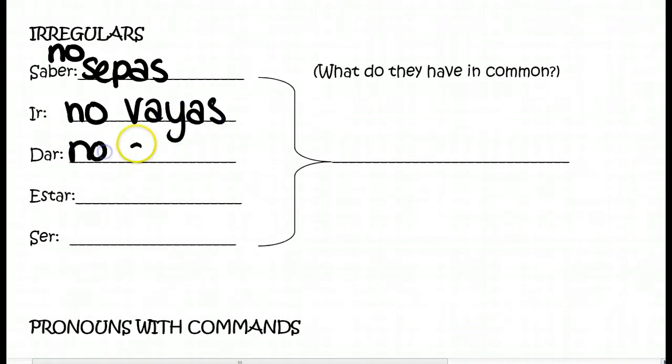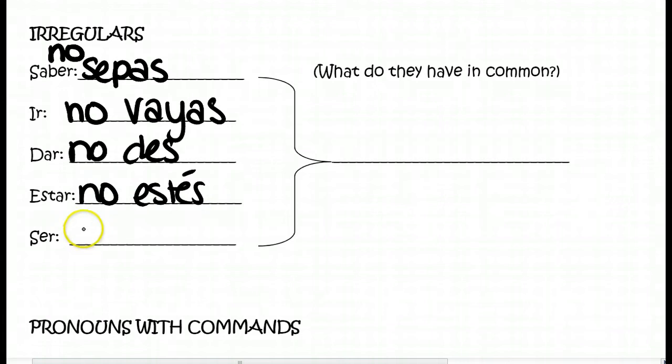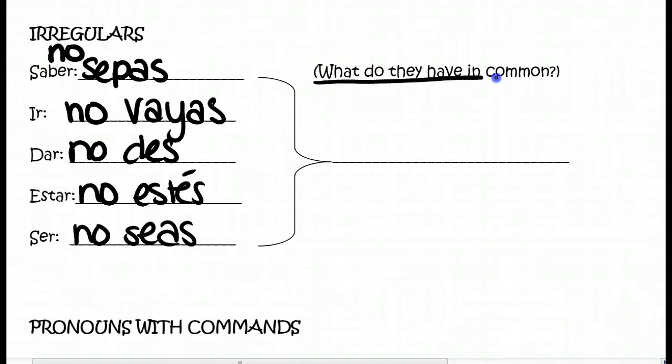Dar would be no des. Estar, no estés. And ser, no seas. So, what do all of these have in common? I want you to go ahead and think about that and write your answer on the line below.